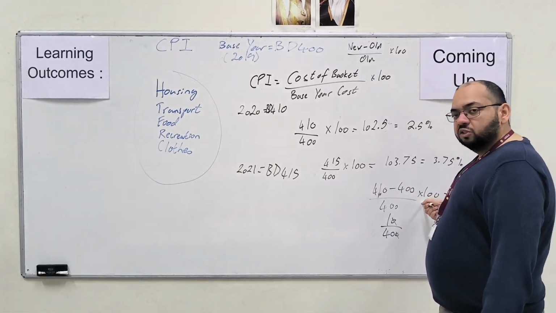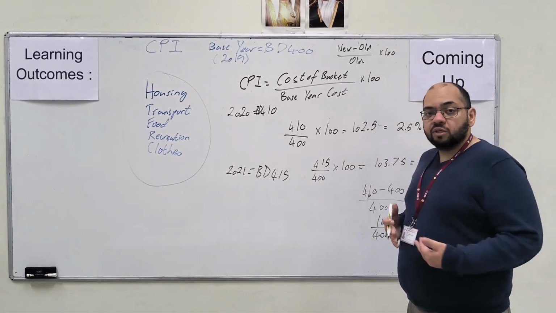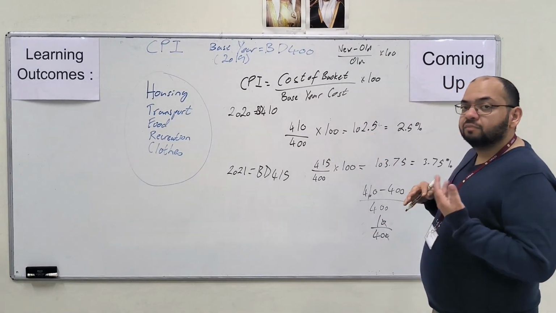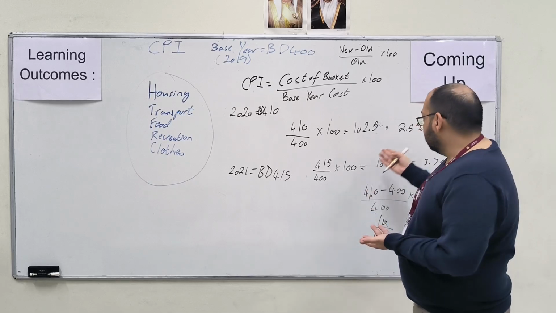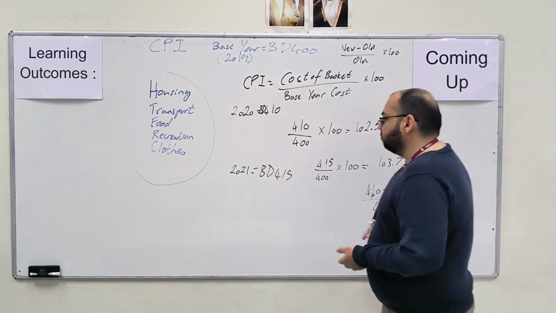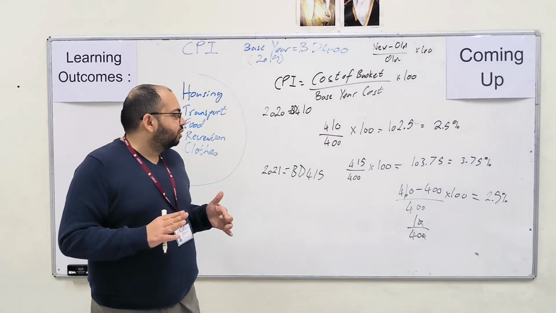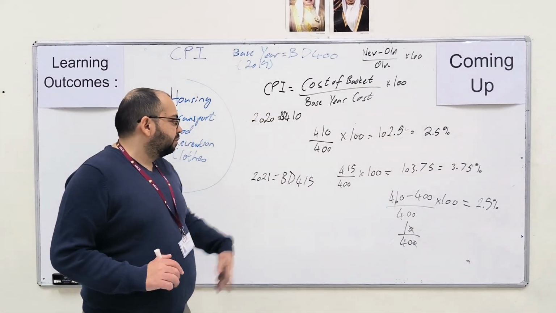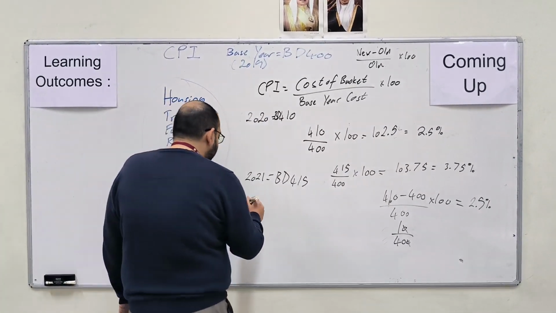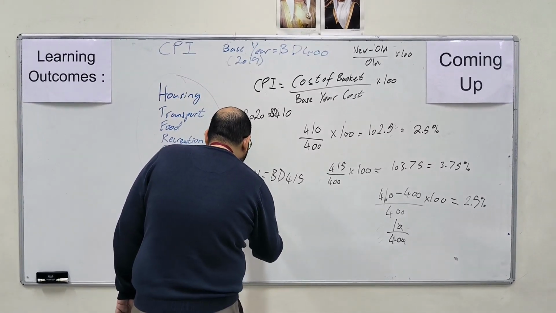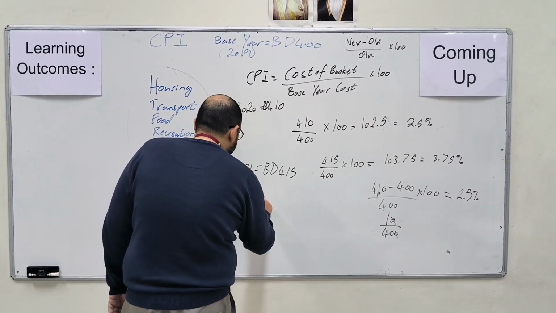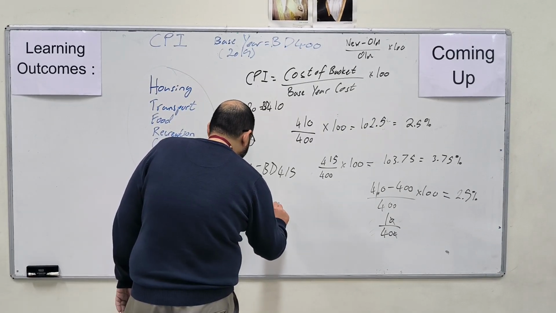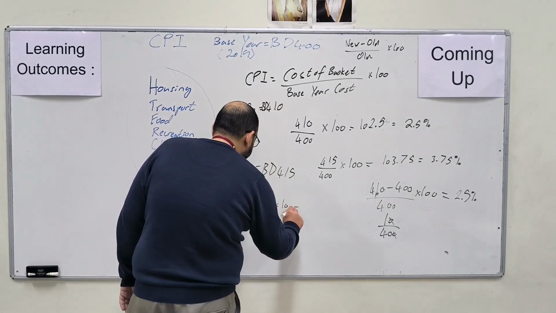I prefer it if you did it this way, just so that, sometimes our intuition can be wrong in terms of finding out the percentage from this number. I'm a little experienced, so that's why I was able to figure it out. But otherwise, if you're ever in doubt about the percentage change in inflation rate, this is how you would do it. So for example, for 2021, it would be 415 minus 400 over 400 times 100.